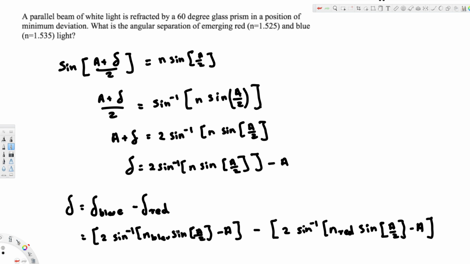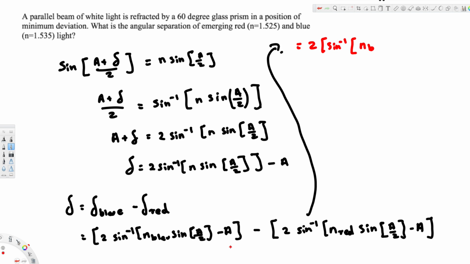Okay, now from this we can take 2 common.